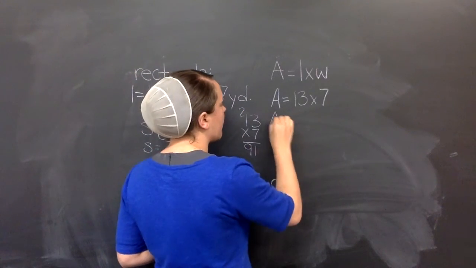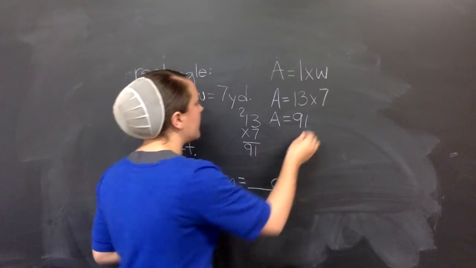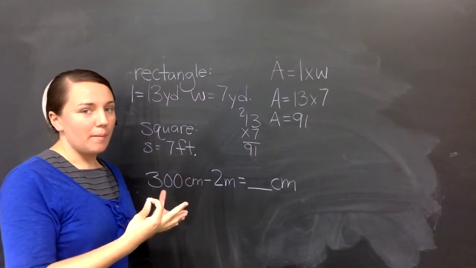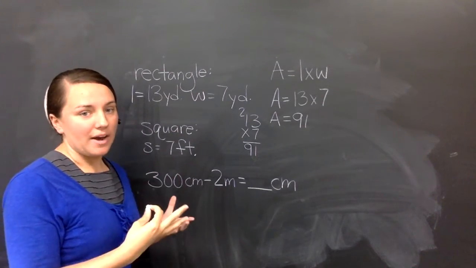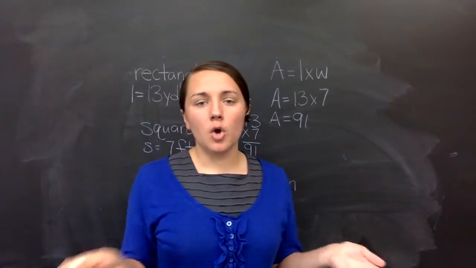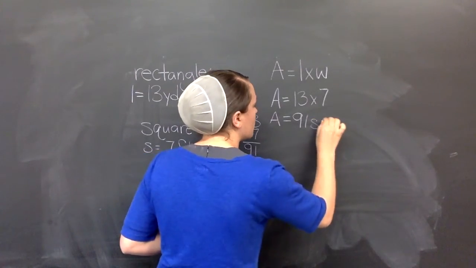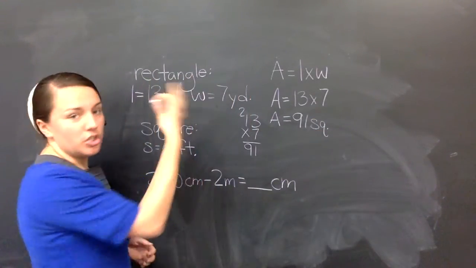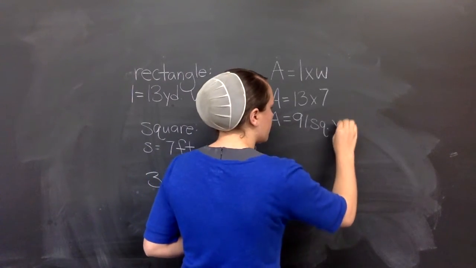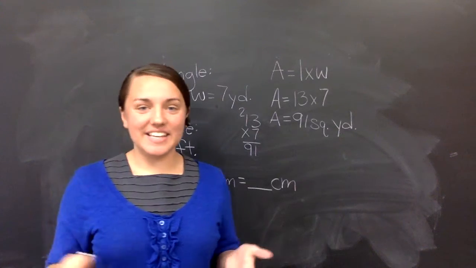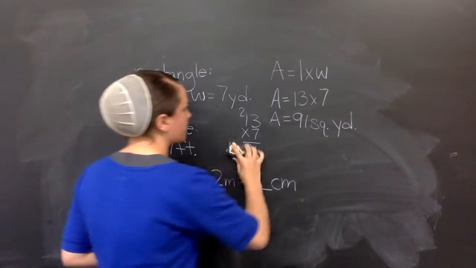So now we have area equals 91, and we need to write our label. And because we're measuring area, remember we need to make sure we write square, because we're not just measuring length, we're measuring square units. So we write sq. yards, okay? So now we have 91 square yards is the area of this rectangle.